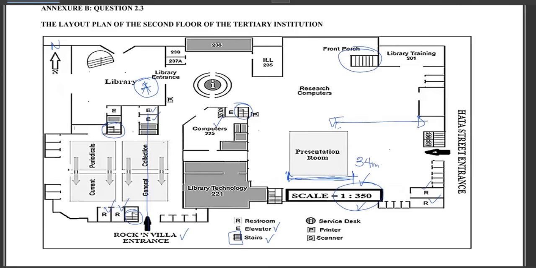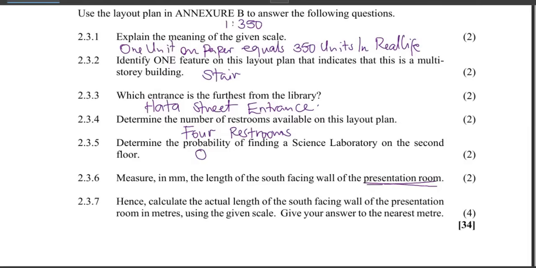By the way, this is what I got according to my ruler. But for you, you might have 33, we shall take it. You might have a 35, we shall take it. A difference of 1 or 2 is acceptable. So we've measured and we've got it as 34 millimeters. Okay.